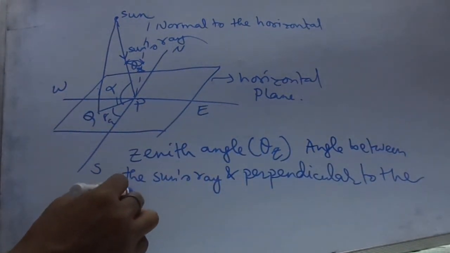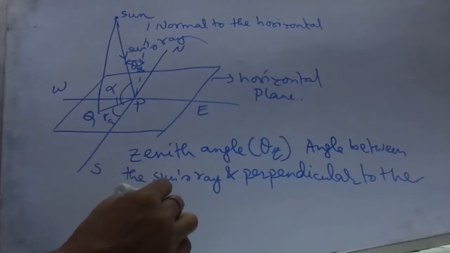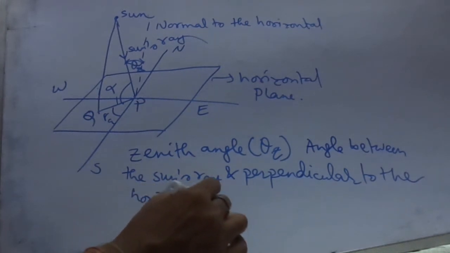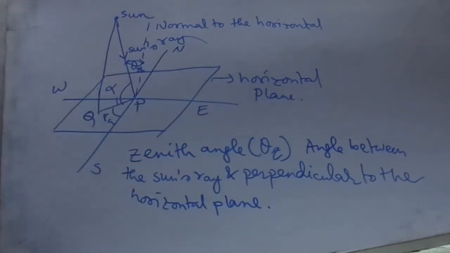Another one is the solar azimuth angle, gamma s.